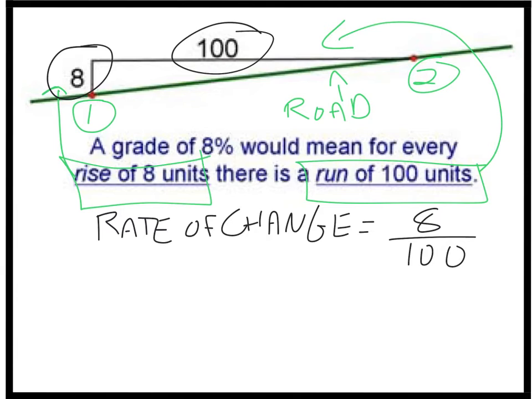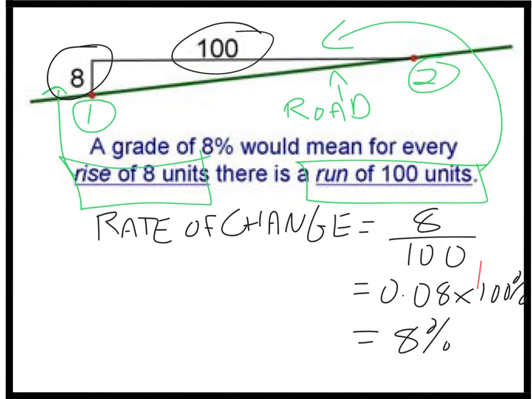Now we can put that into our calculator and we would get 0.08 times 100% in order to give us our 8% grade. After you divide, you need to remember to multiply by 100% in order to get your grade.